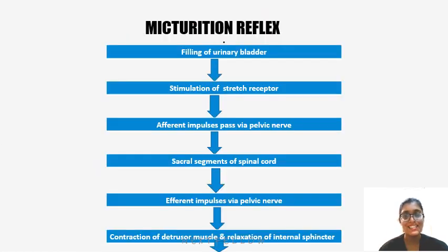The micturition reflex consists of filling of the urinary bladder followed by stimulation of stretch receptors on the bladder wall, which stimulates the afferent impulses which pass via the pelvic nerve to the sacral segments of the spinal cord. Then from the sacral segment arise the efferent impulses via the pelvic nerve. There is contraction of the detrusor muscle and relaxation of the internal sphincter muscle.